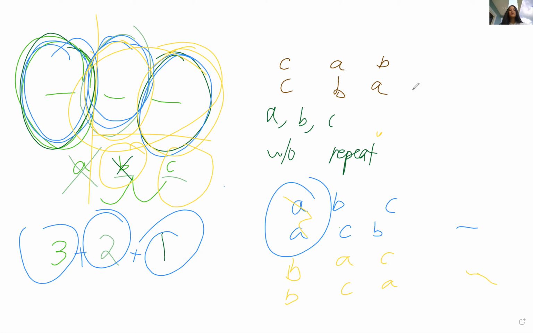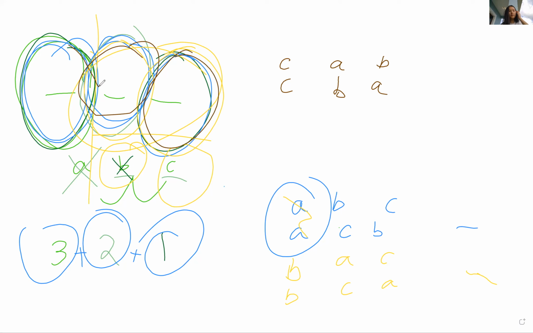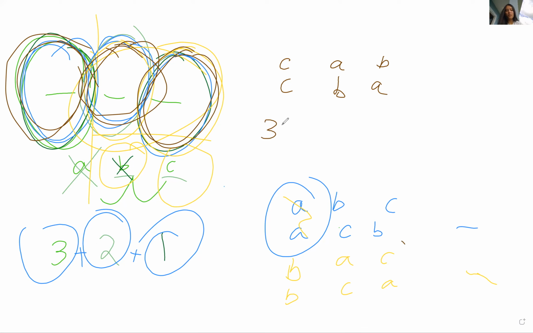But if you don't, what is happening is that once you choose the first letter, you have two choices for the second and one choice for the third. So if we have three choices for the first letter, we have two choices for the second letter and one choice for the third letter. That gives us 6 choices to construct this word.